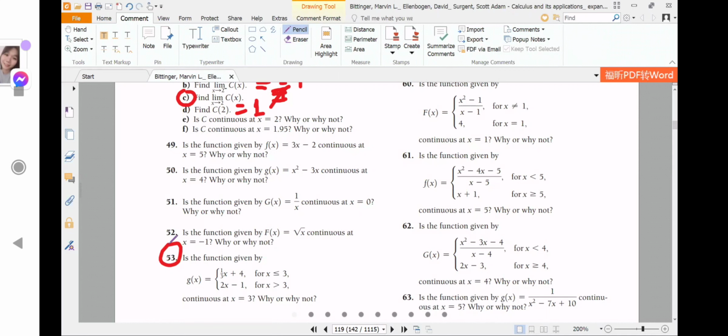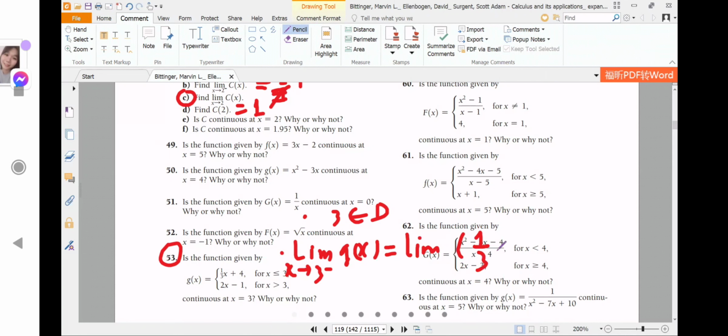Okay. And what else? So you need to write limits. The first condition, number 3 belongs to the domain of this function, and the second condition, the left limit of g(x) when x tends to 3 minus equals what number? Equals the limit of 1/3 x plus 4 when x tends to 3 minus equals number 5.